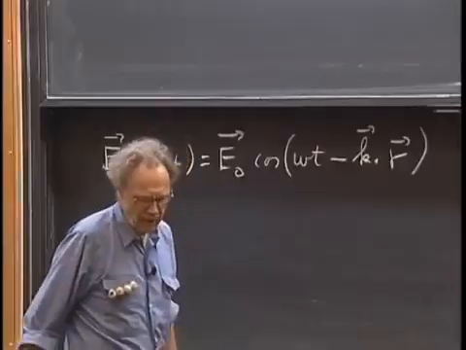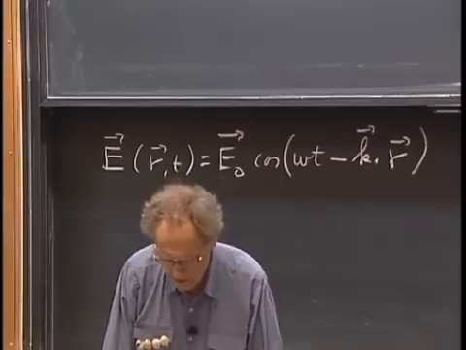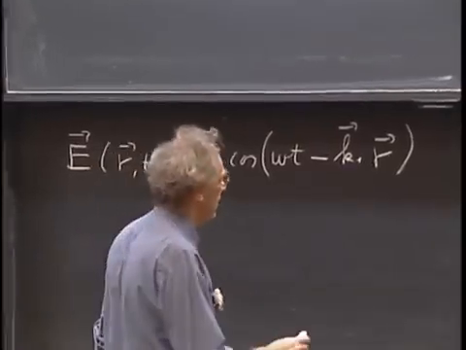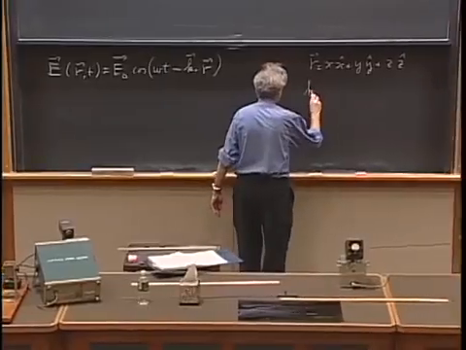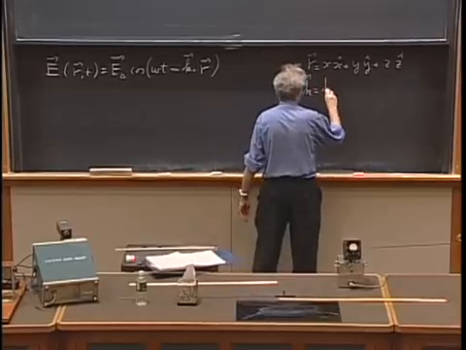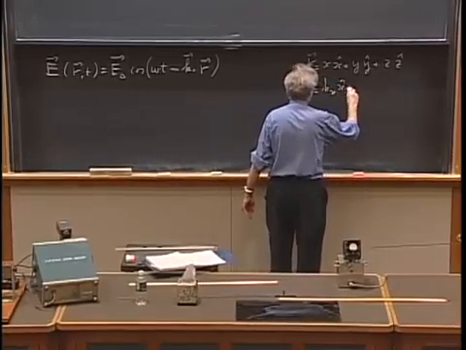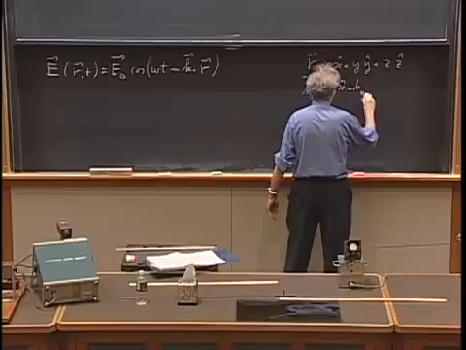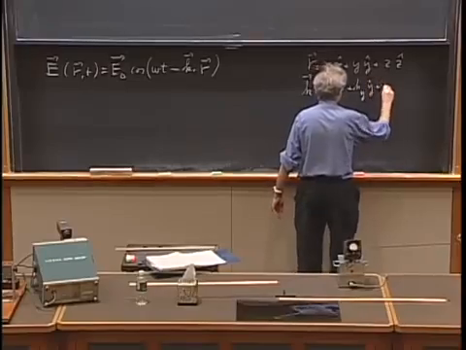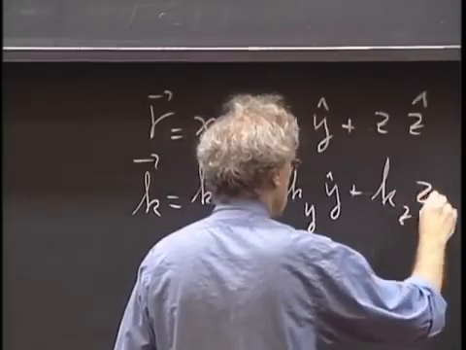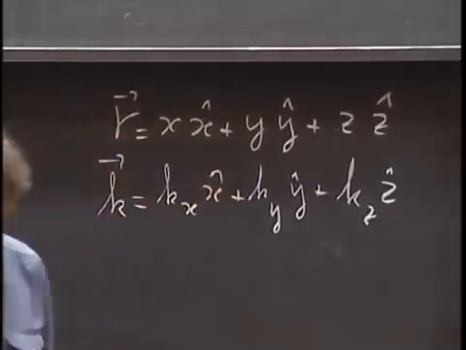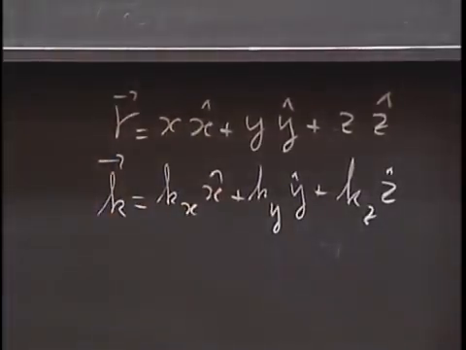which is now the most general way that I can write this electromagnetic wave, whereby k is kx in the x direction plus ky in the y direction plus kz in the z direction. And k, as you will see shortly, is the direction of propagation.